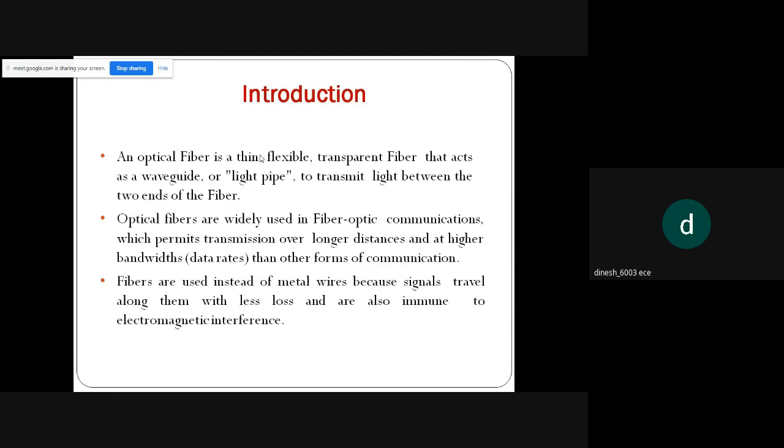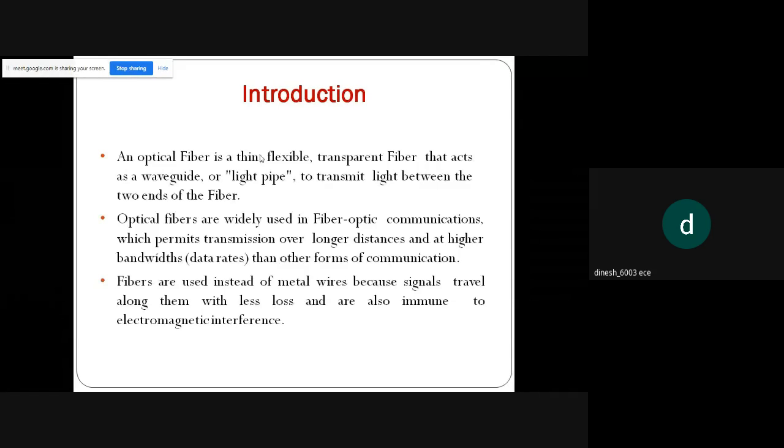First of all, I'll introduce the optical fiber to you. What is an optical fiber? It is a thin, flexible, transparent fiber.